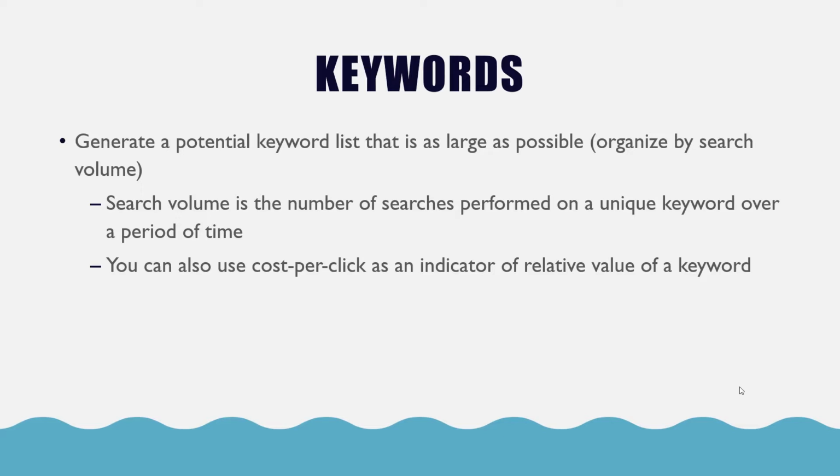You can also use cost per click as an indicator of relative value of a keyword to see, is it going to be more expensive to have a keyword, or is it going to be least expensive? So chances are, if it's more expensive, it's going to be a word that's more popular.